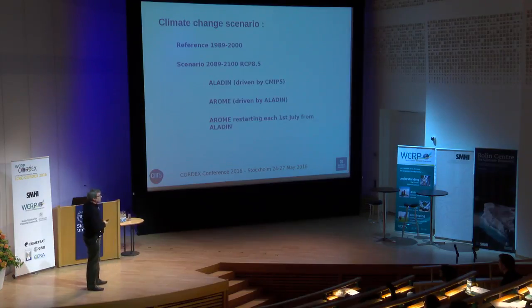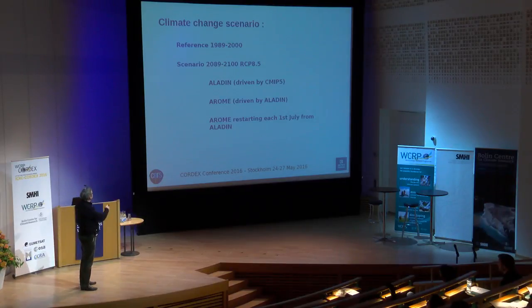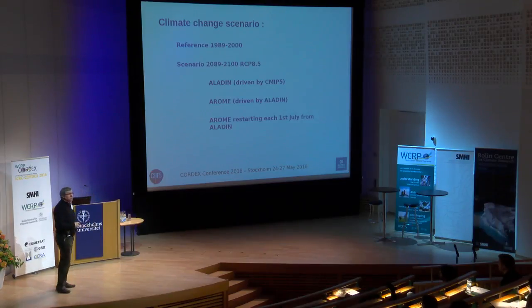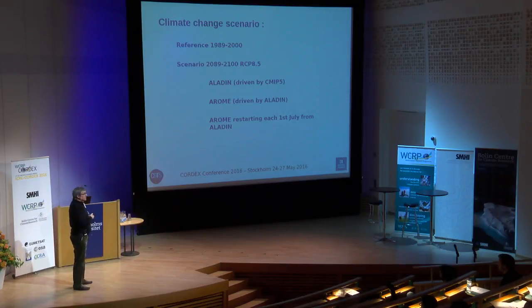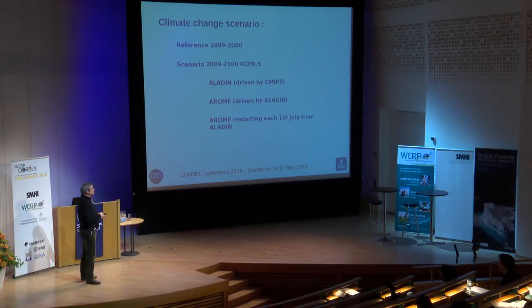Now, the second part of my talk is the climate change scenario. So here we will consider a reference simulation of 12 years, 1989 to 2000, and a scenario of 12 years based on the worst possible scenario to maximize the signal-to-noise ratio. One might think that 12 years is not enough for climate, but here we are comparing a driving model and its slave. So in this case, there is no interannual variability.